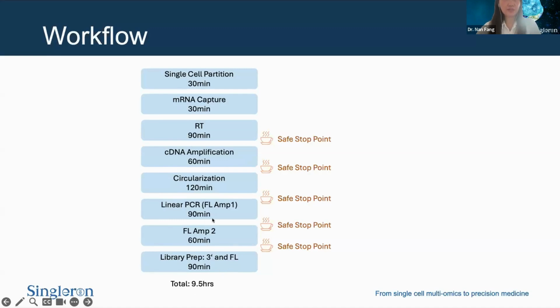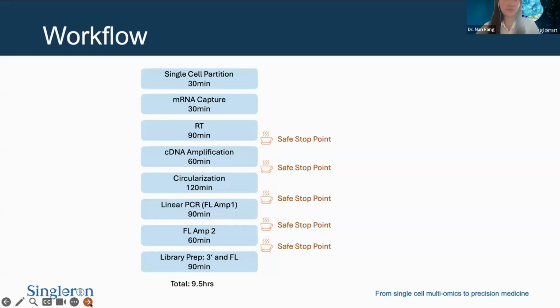So the whole process will take about 9.5 hours. It's a little bit longer than a typical workday. But on the other side, we do have quite some safe stop points in the whole workflow, so that you can relatively easily plan this workflow either in a stretched workday or into 1.5 days.